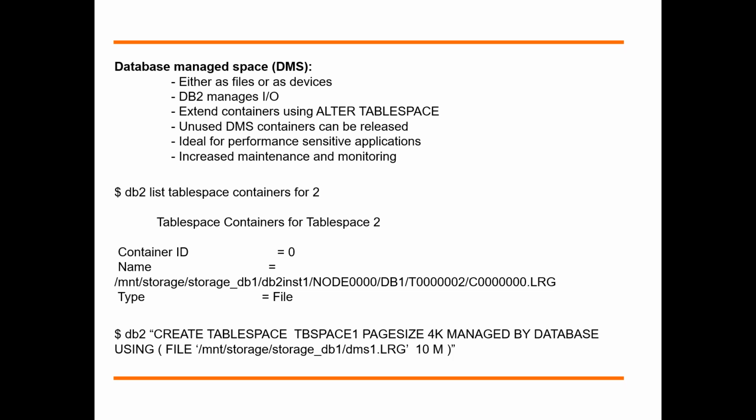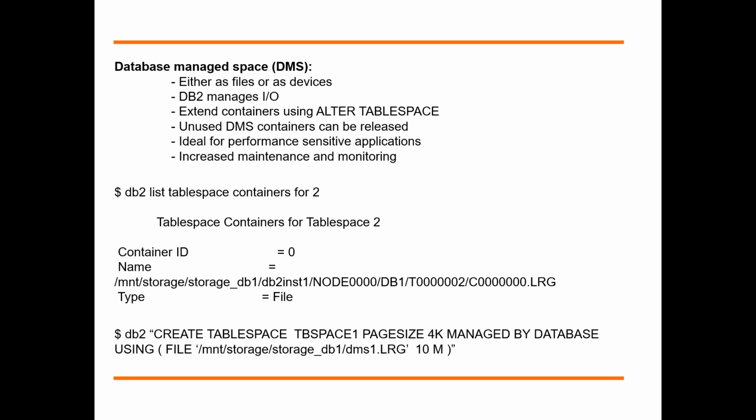So how do I create a table space which is database managed? You can say managed by database, like I'm showing in this example, using the file and the initial space allocation. But you don't have to do something like this from version 10.1, because from 10.1 it's automatic storage. That means it's by default database managed, right?